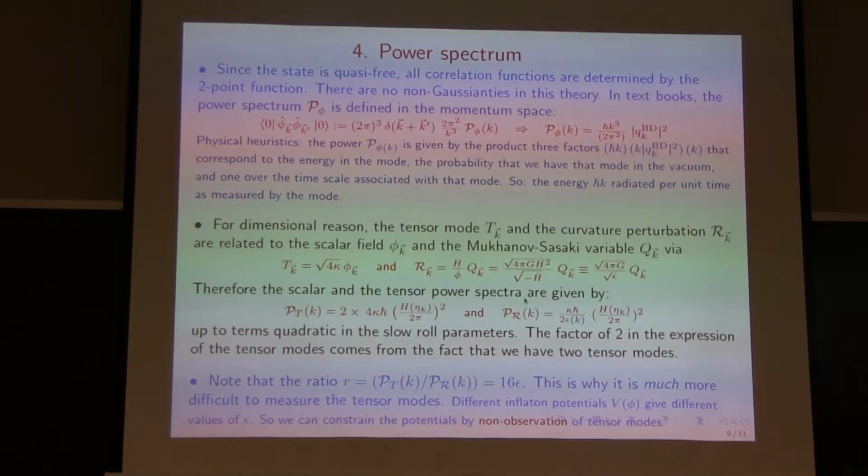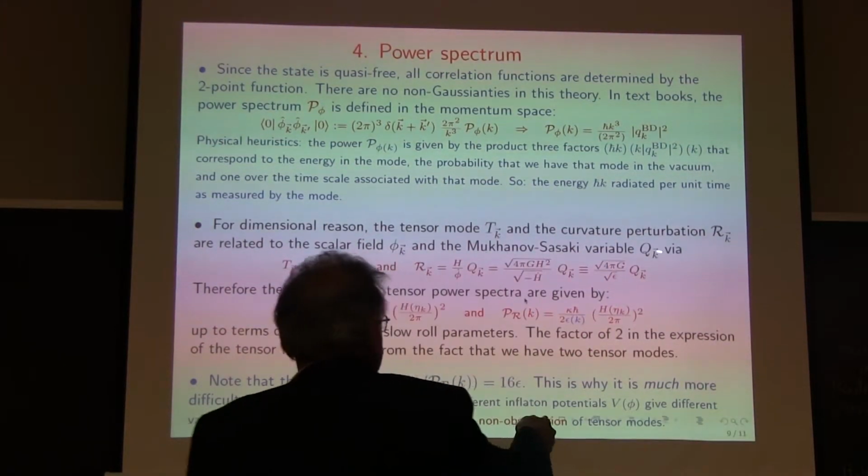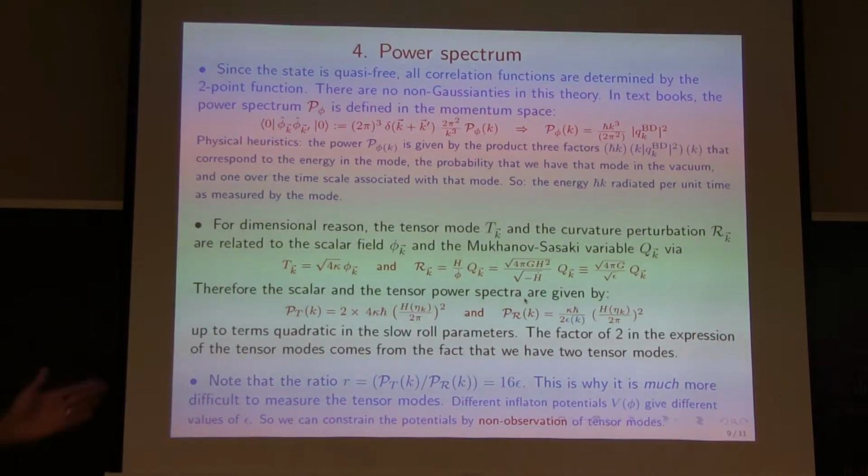Now, for dimensional reasons, the tensor modes and the scalar mode curvature perturbations that I introduced before, which is really related to the Mukhanov-Sasaki variable in a very simple way, come in. This is a curvature perturbation, which is related to the Mukhanov-Sasaki variable. We discussed this some time ago. So we have the tensor mode and the Mukhanov-Sasaki variables here.